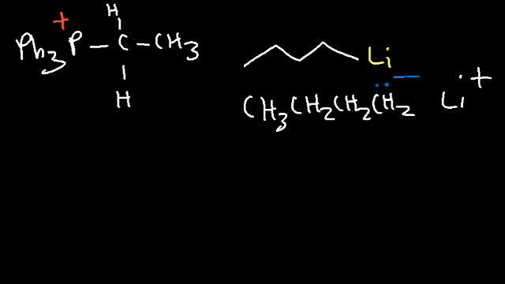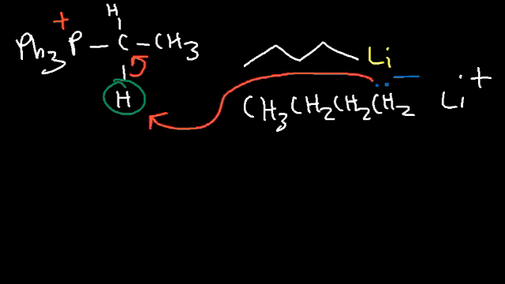Now, the carbon with the hydrogen that's attached to the phosphorus-bearing carbon, that hydrogen is relatively acidic because the conjugate base is stabilized by resonance. So the carbon with the negative charge is going to act as a strong base, removing this hydrogen and putting a negative charge on the carbon. So now we have the ylide.